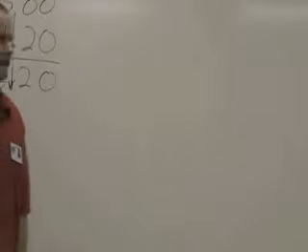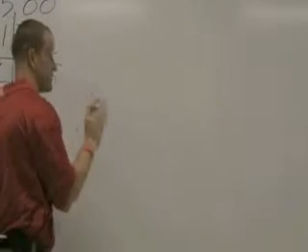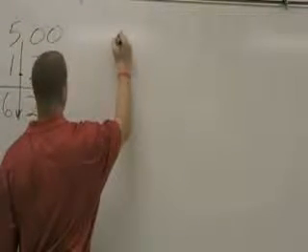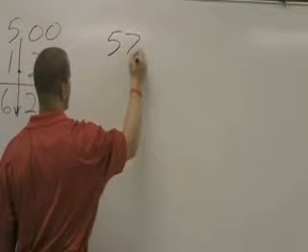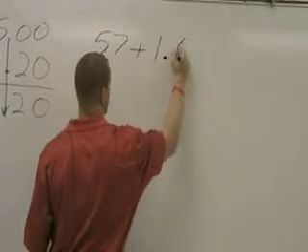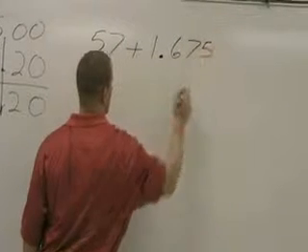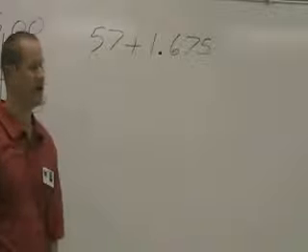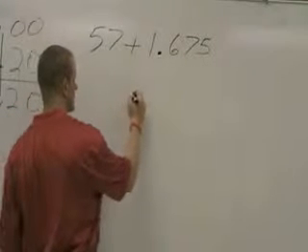So what happens if you get a problem like this? And this is where most people make a mistake. When they see problems first associated like this, 57 plus 1 and 675 thousandths, you're wanting to add that up. Well, here's what the common mistake is.